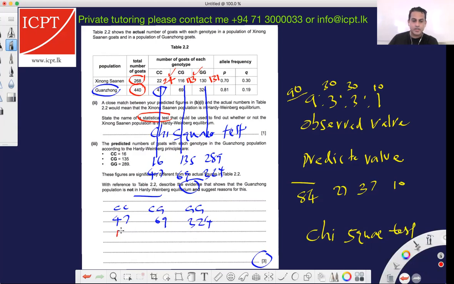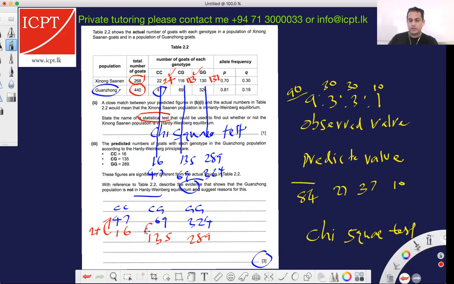The given values are 16, 135, 289. Without performing the chi-square test, we can see this is quite a bit higher. It's more than double.